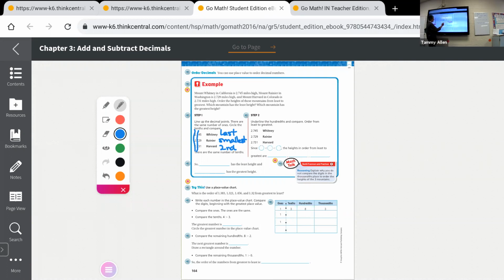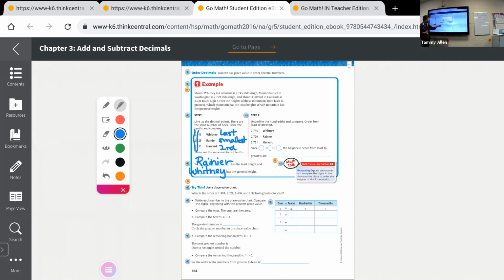So who has the least height? Who has the greatest height? Okay. So as we take a look at this, we've got to put these in order from greatest to least.